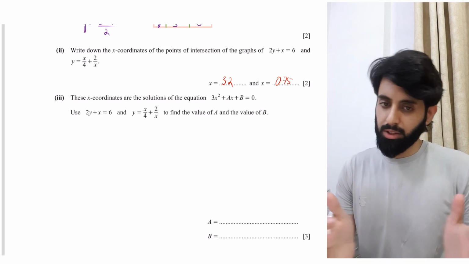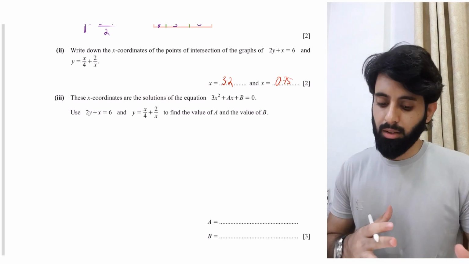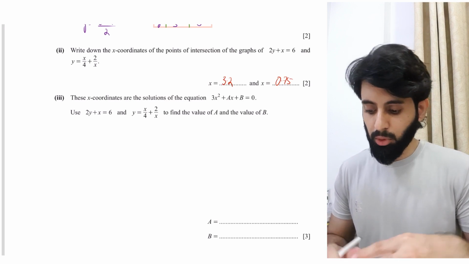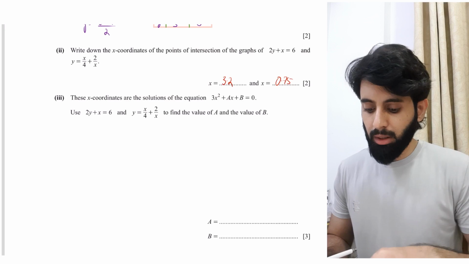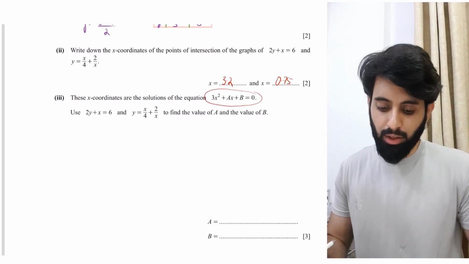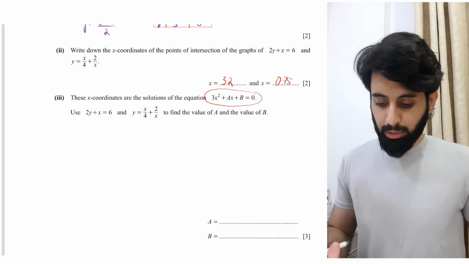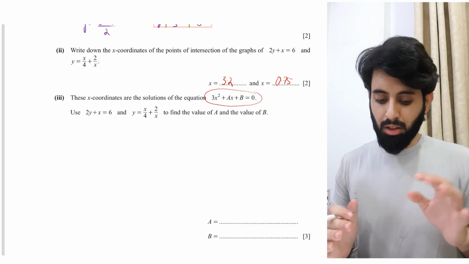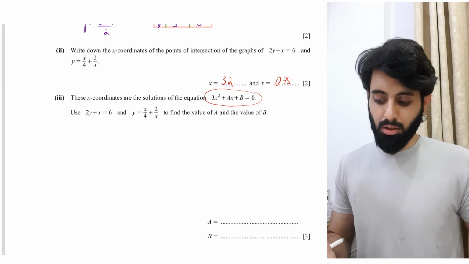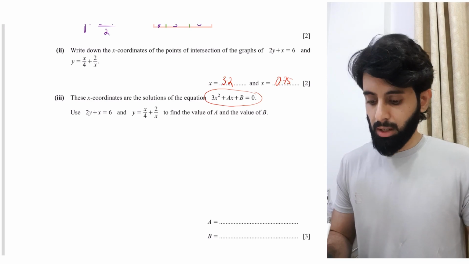So basically what this question is telling you, in simple words, is that when you find the x coordinates of the solution to both these equations, you end up with the following equation, and we need to find the values of a and b. Think of it this way: this equation came after we equated both the equations, cross multiplied, rearranged, and got it in this form. If we were to solve this equation, we'd get the solutions of the 2 equations. So what we need to do is solve the 2 equations simultaneously.